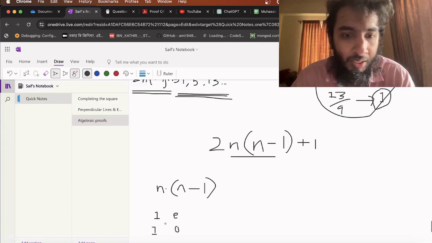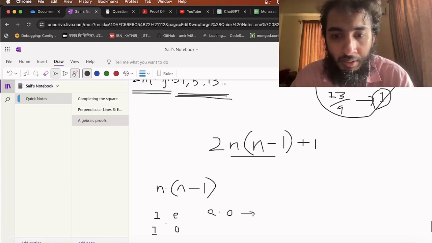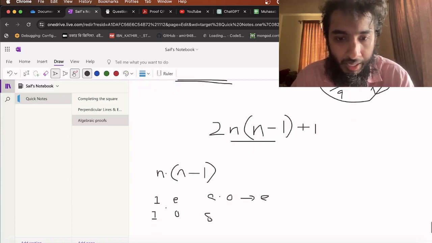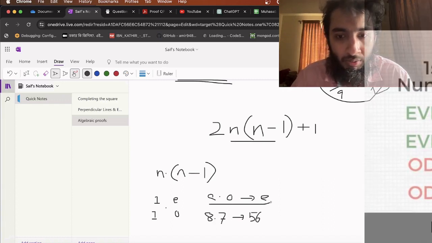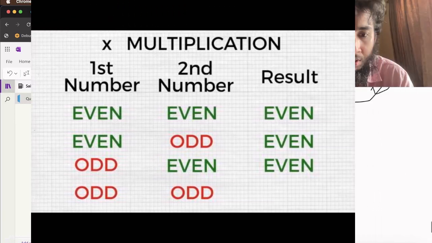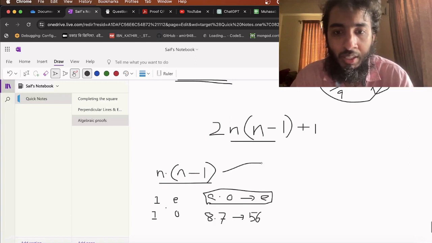So the multiplication of an even and odd will always yield an even number. For example, 8 multiplied by the previous number 7 is 56, which is an even number. You can use any number to check this formula. Multiplication of even and odd is always an even number. So this will always yield an even number.